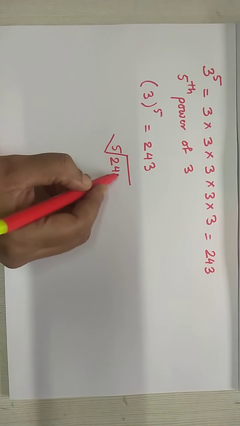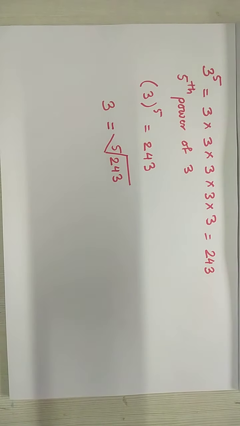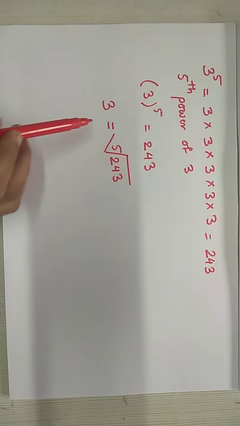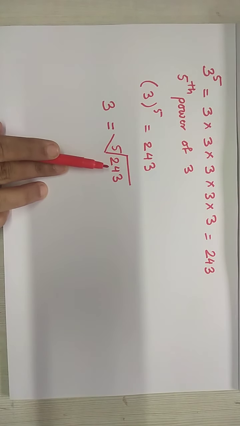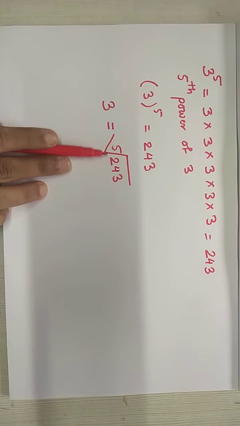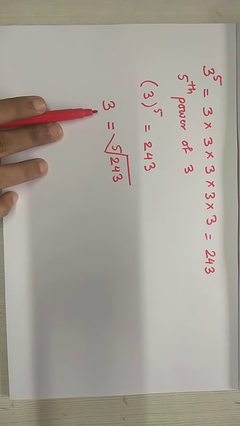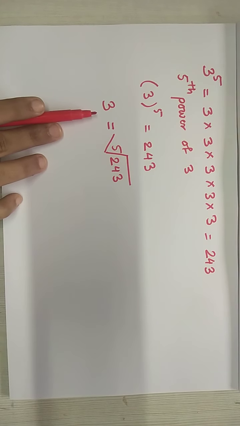Fifth root of 243 will be 3. See the difference, children. This is 3 raised to 5 is 243. Then this power 5, when it goes on the other side, becomes root. So conversely, it can be written as fifth root of 243 is 3.